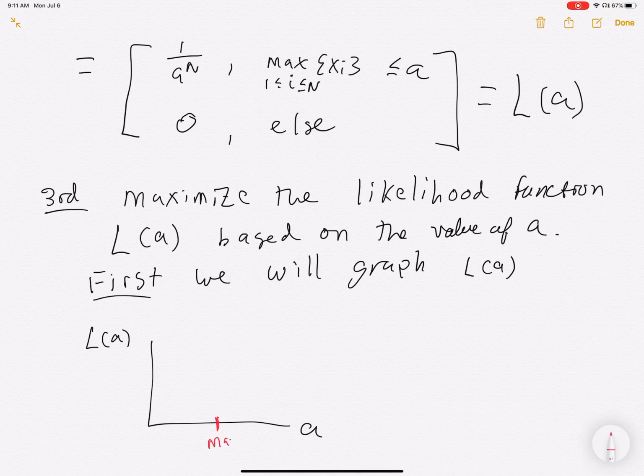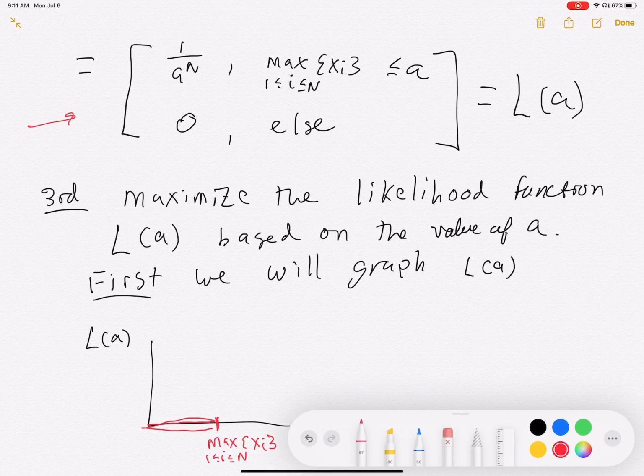That's going to be the maximum of x sub i, for i less than or equal to n. And this equation right here says it's going to be 0 if a is less than the maximum. So it's going to have a value right there.